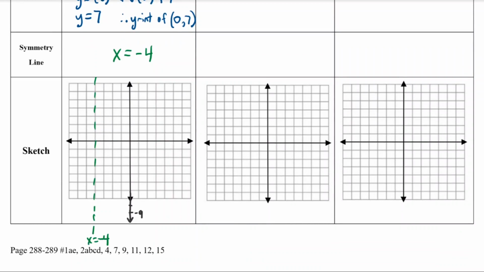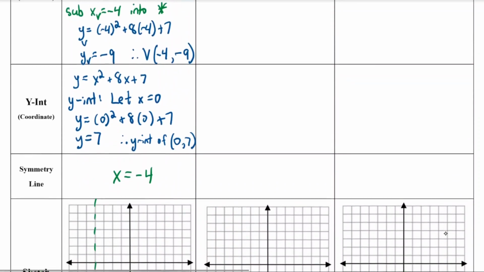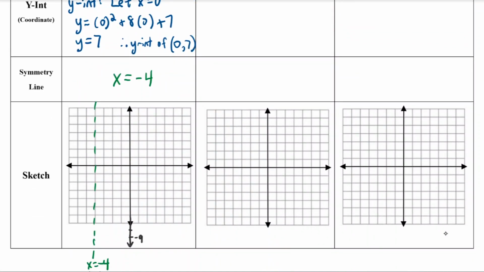I can draw in my x-intercepts which were -7 and -1. 1, 2, 3, 4, 5, 6, 7, boom, and -1. My y-intercept was at (0, 7), 2, 3, 4, 5, 6, 7. And then because of symmetry, at this height of 7, we went 1, 2, 3, 4 to the right of my axis of symmetry.